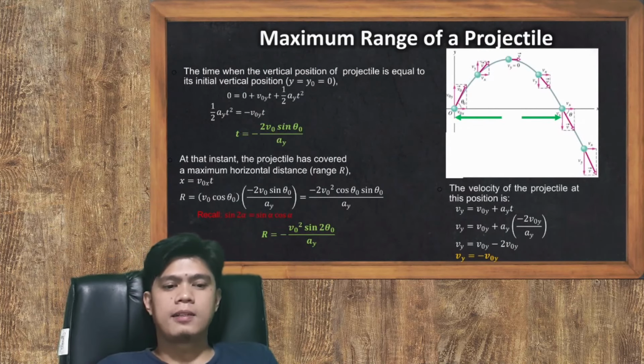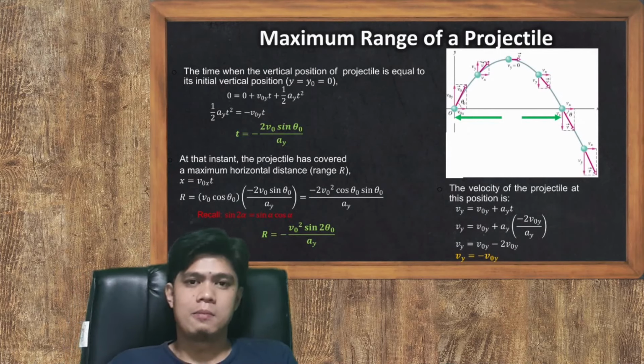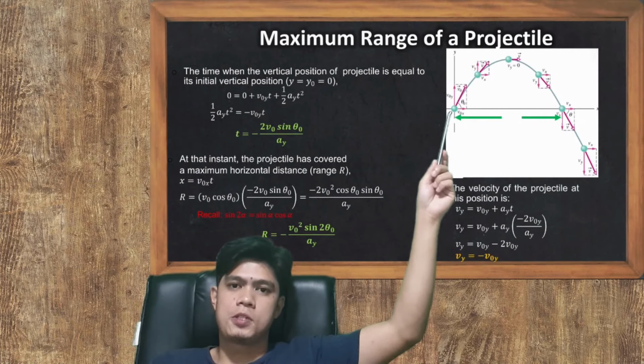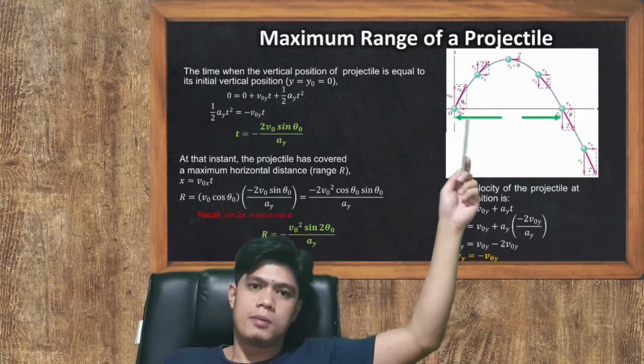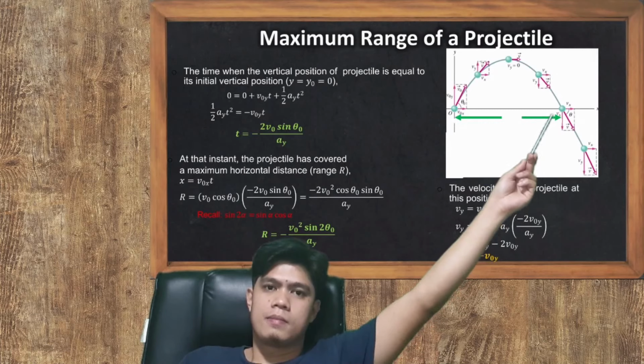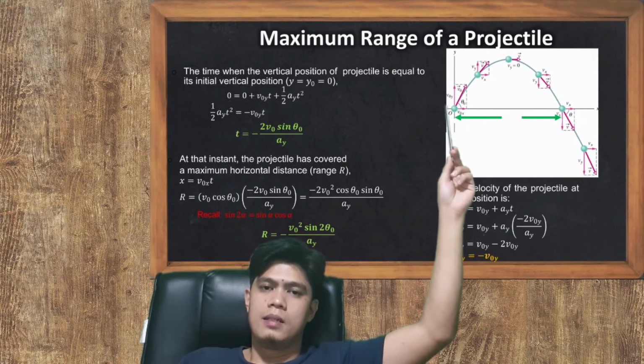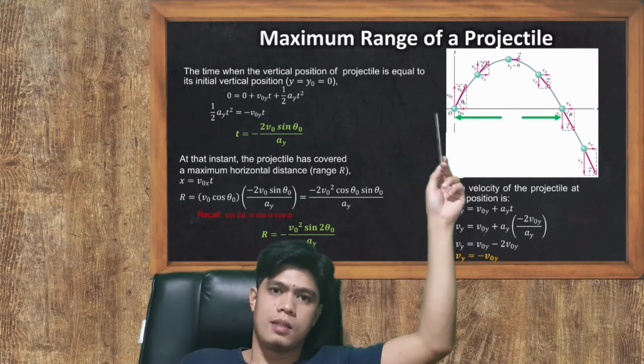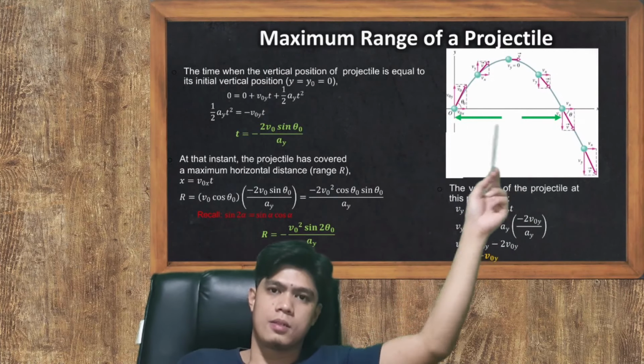So now let's calculate the maximum range of a projectile. When we say maximum range, that is from this position, the initial position, up to this final position. Meaning if an object starts from the ground, which is y equals 0, then it should end with y equals 0.